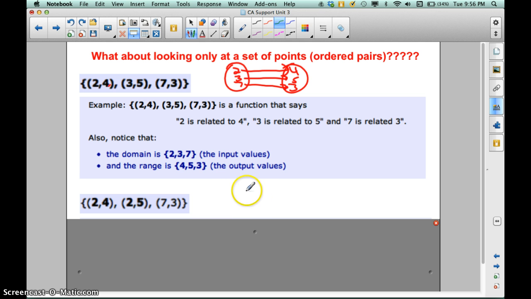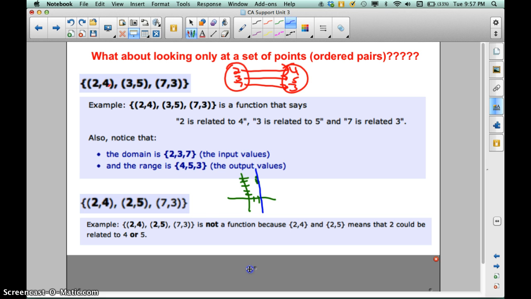And so either a mapping or a graph, if you sketch a graph of this, 2, 4 would be here. 2, 5 would be here. If I drew a vertical line, even if all I did was graph those 2 points, is there anyone that could argue that this vertical line would pass through both of those points? So this fails the vertical line test because those 2 points lie on the same vertical line.